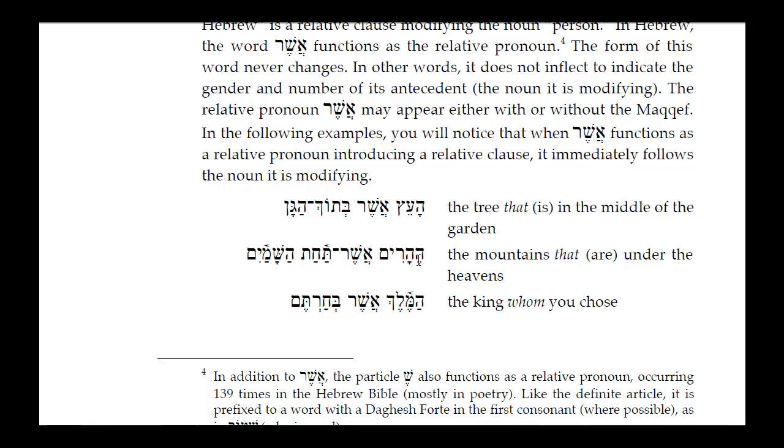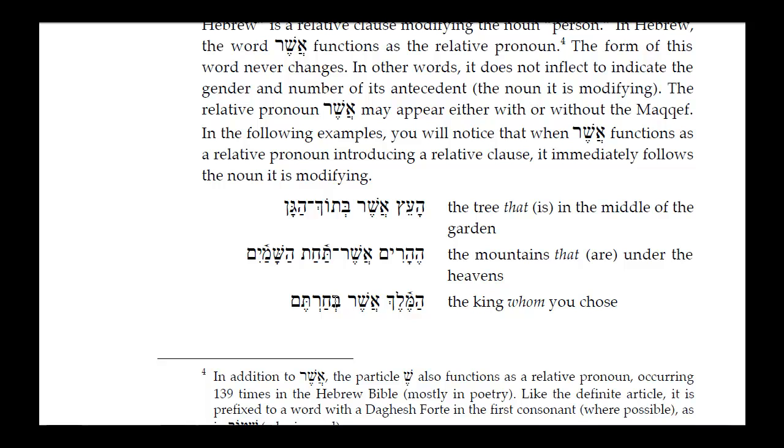The mountains that are, which are under the heavens. The mountains which are under the heavens, or that are under the heavens. Either one would be fine. You see the noun here, then the relative pronoun asher is connecting heharim, the mountains, and describing which ones they are, that are under the heaven, with that phrase there.